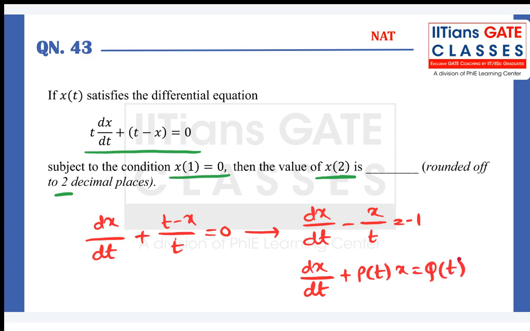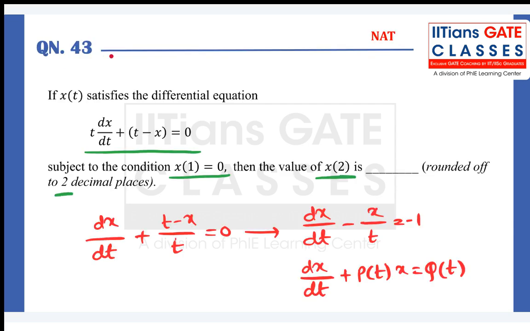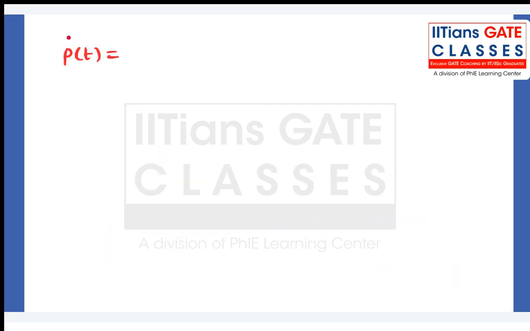Just make sure you don't get confused between x and t and x and y, because usually we study xy. Here they are talking about xt. So in that case, you can write p of t as minus 1 by t, and q of t is minus 1. And then you can find the integrating factor.